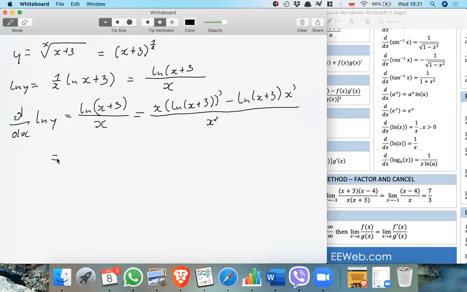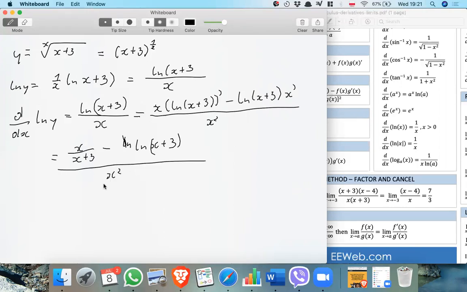If I take that derivative, for the first one I end up with x divided by x plus 3, and then minus ln of x plus 3 multiplied by 1, and all that has to be over x squared.